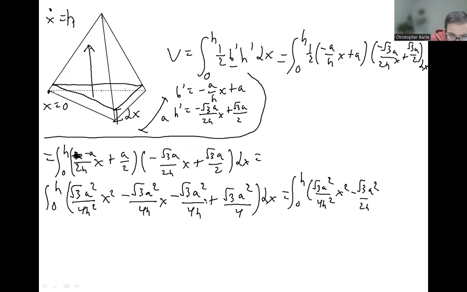Sorry, I forgot an x here. But anyway, those are the same terms, so that's why we're able to combine them. So we have an x here, and this last term, we don't do anything to yet.